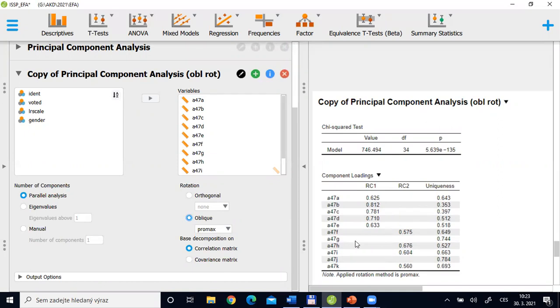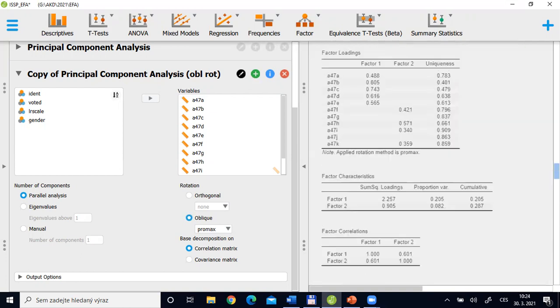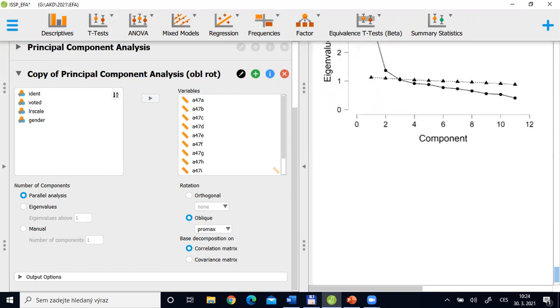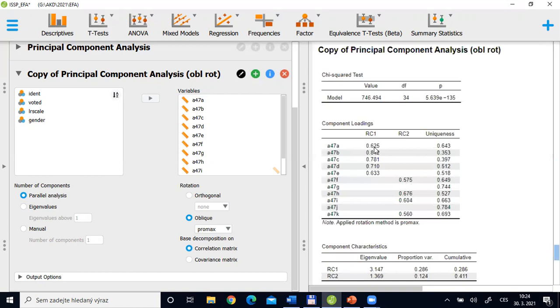So once again, the recommendation is that at least two items should be omitted. If you compare these figures with the previous rotation of factor analysis, so here it is, these are factor loadings for oblique rotation. So these values for principal components seem much better.